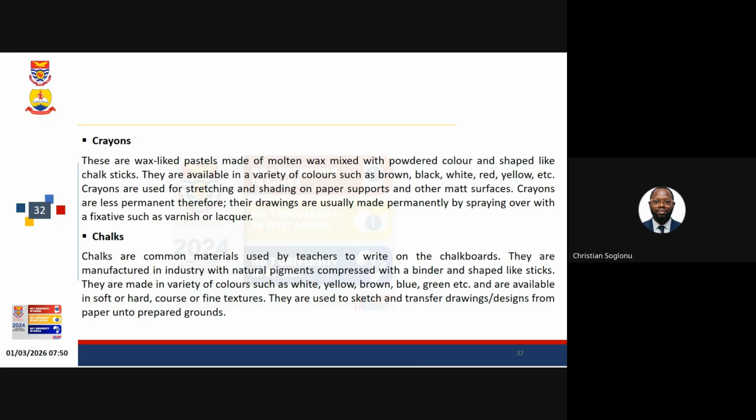After working with the crayon, you need to fix it. You need to protect the work with a fixative. A fixative is just a material that is used to protect artworks. You spray, especially with dry media.